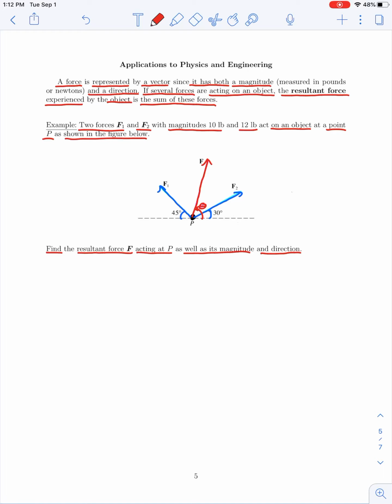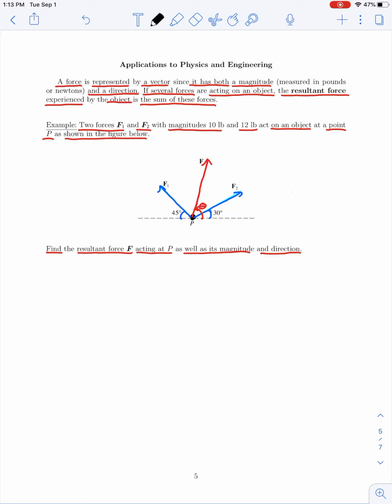To find the resultant force acting on an object, it's the sum of all forces acting on the object. In this case, we only have two forces acting on our object, F1 and F2, so we need to find the components of those two forces. And what we're given is information about the magnitude of F1 and F2, and the angle that they form from the horizontal.